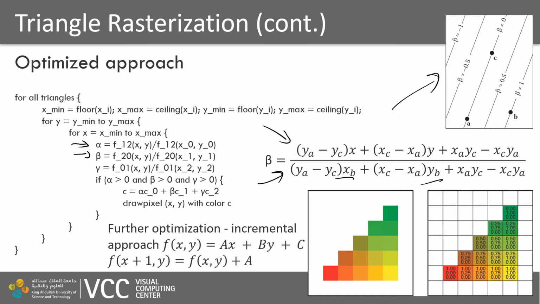So if we look at the evaluation of our function at a particular position, we can note that the increment of a particular value will be by the factor a in the x direction and by the factor b in the y direction, because those are the ones which are associated with x, and then there will be one more a factor added to the already previously calculated functional value.